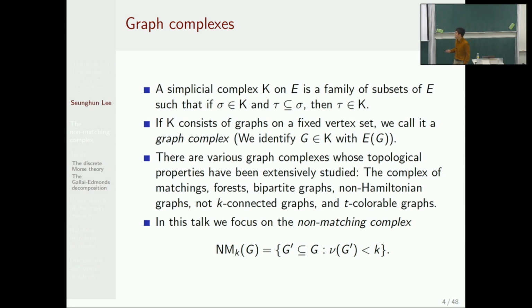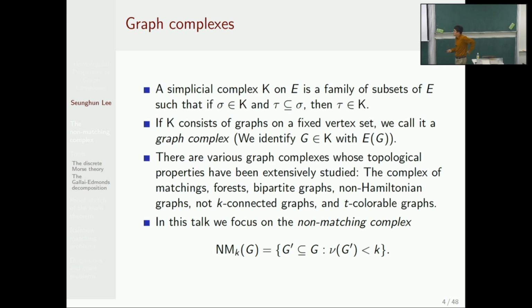In this talk, we focus on the non-matching complex defined as follows. As I said before, the complex NM_k(G) is the set of all subgraphs of G that have bounded matching number, that is, matching number less than k.